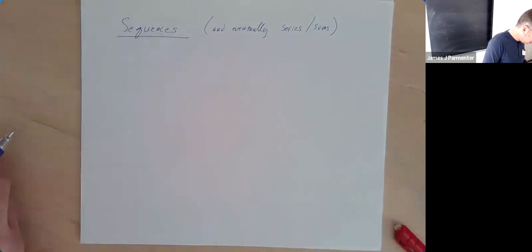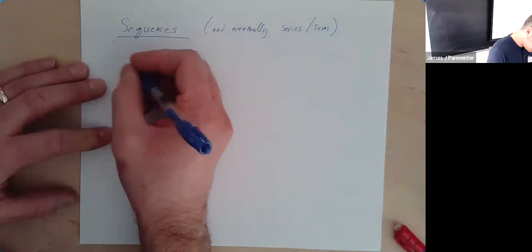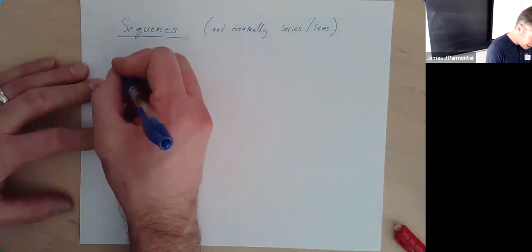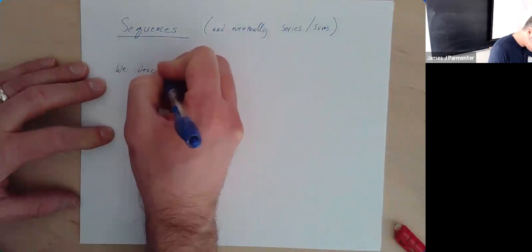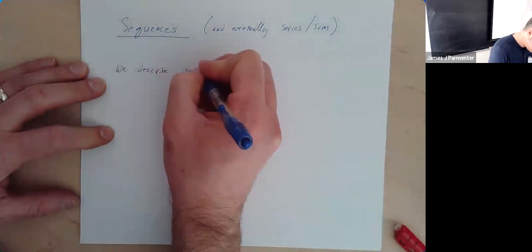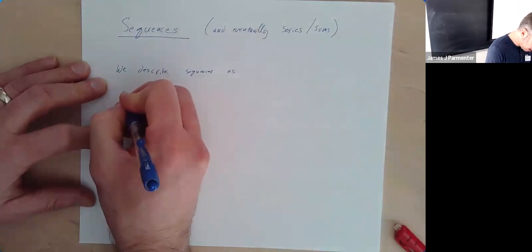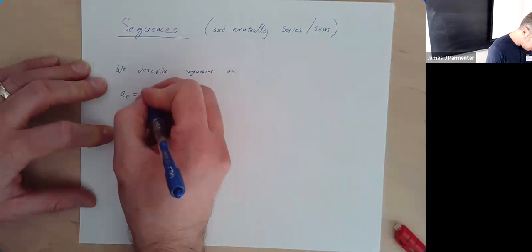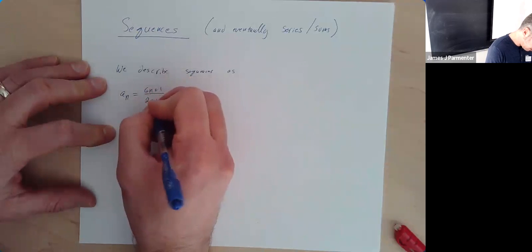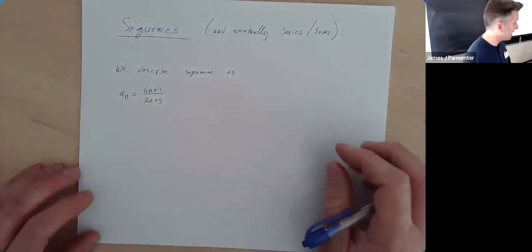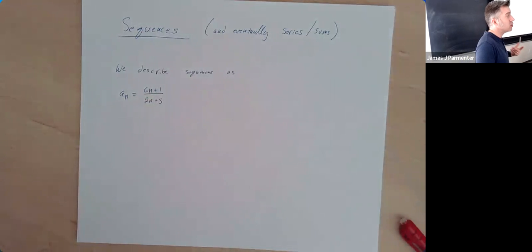So let's look at some examples here. Let's look at this first one. Typically, we describe sequences as some a sub n equal to something like (6n + 1)/(2n + 5), where the nth term of the sequence a sub n depends on the integer n.